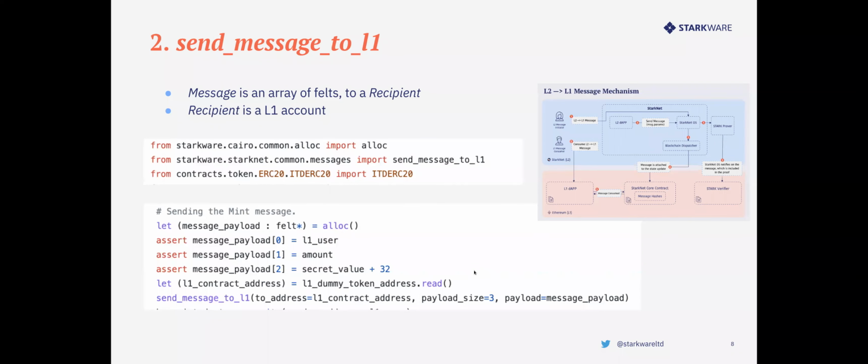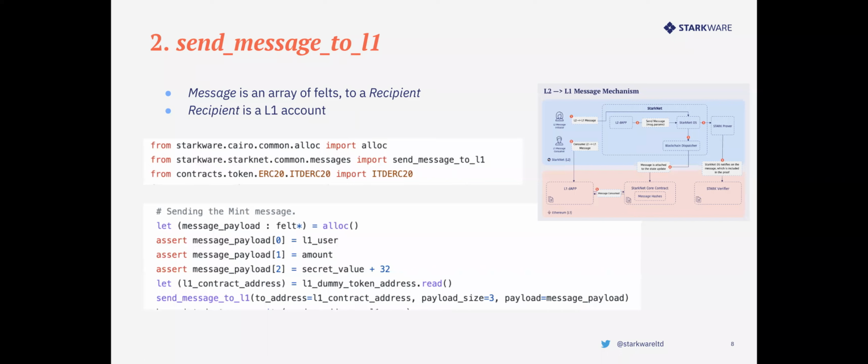Now, the DApp on L2, this is an example code from the bridge, will somewhere have this last line here that says send message to L1. So this is a call to something that you need to import, and you make a call to this function, and it receives some parameters.